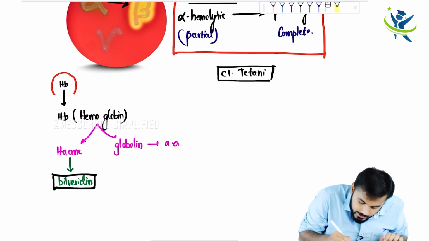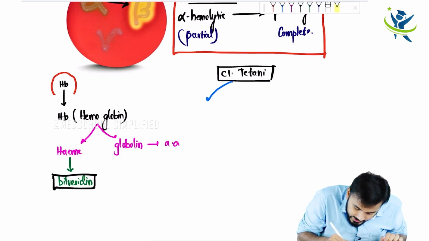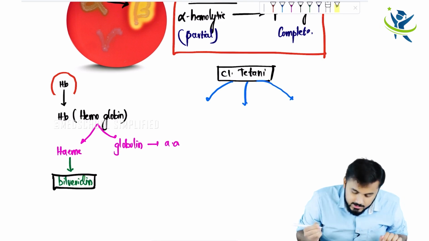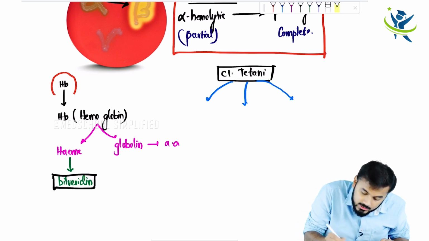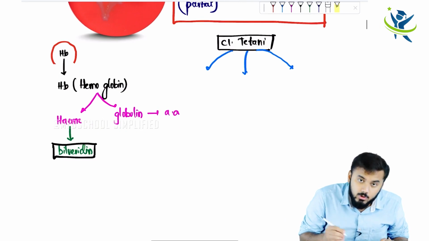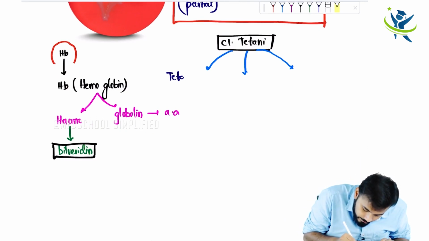This Clostridium tetani basically releases 3 types of toxins, guys. And what are these 3 types of toxins? The first toxin is tetanospasmin.